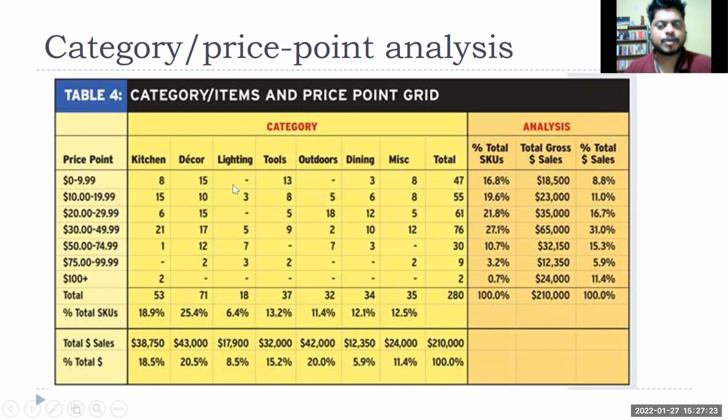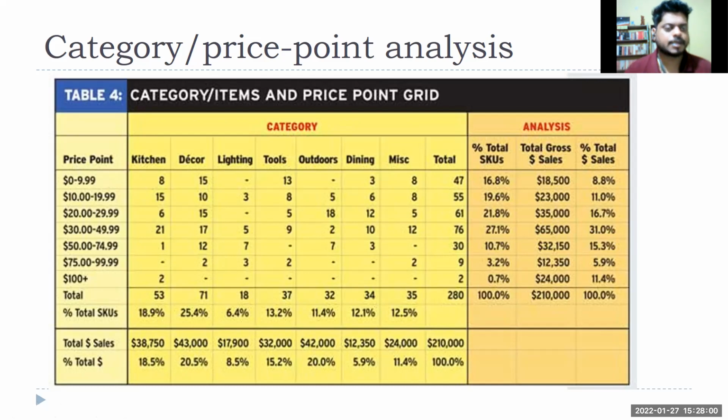If you look at the price point only, irrespective of the category I'm selling, the $30 to $49.99 price category has 27.1% of my total SKUs, and they give me around 31% of sales, which is obviously a big component of my overall sales. So items between $30 and $50 are the maximum sold items.